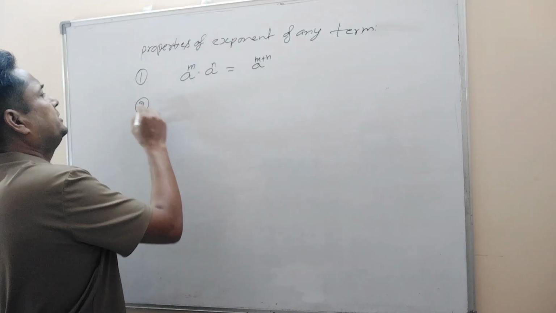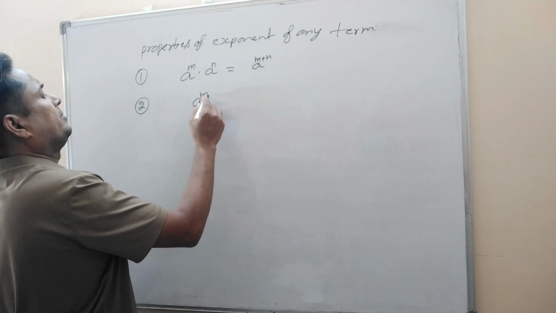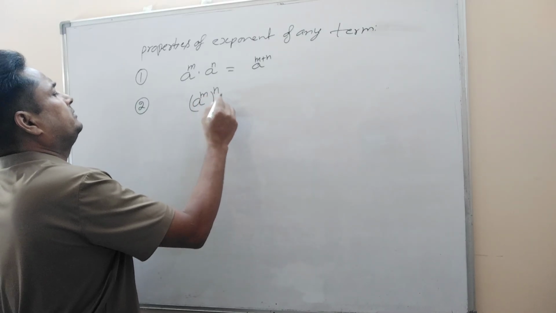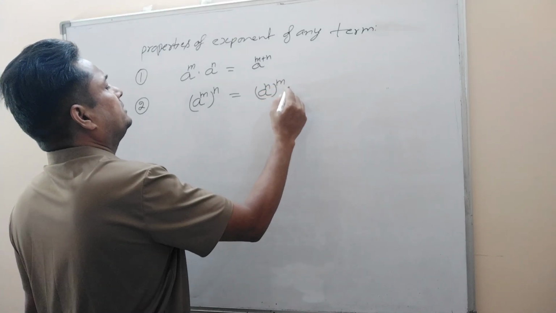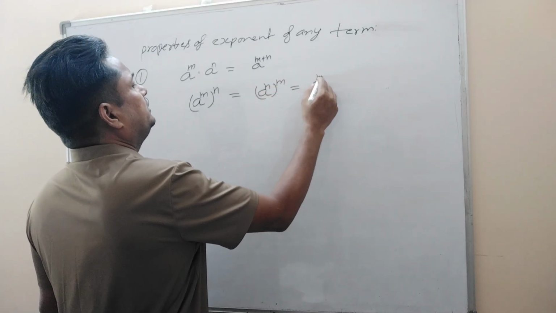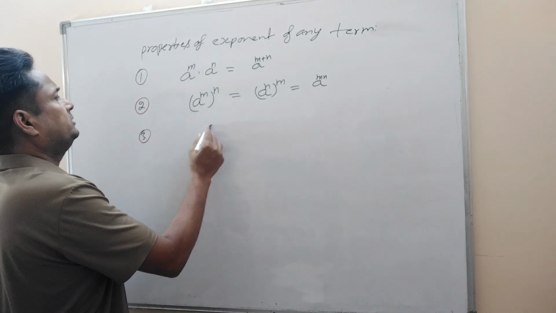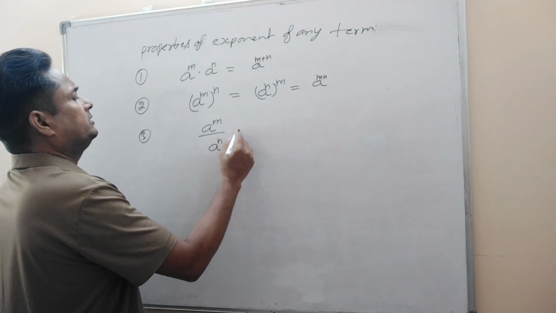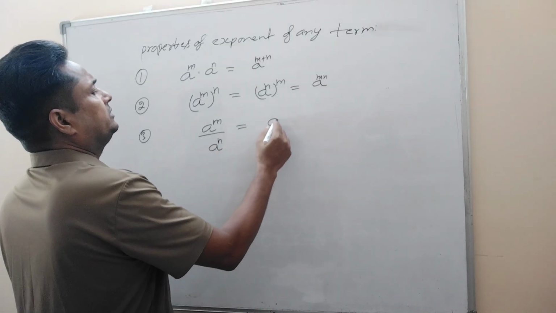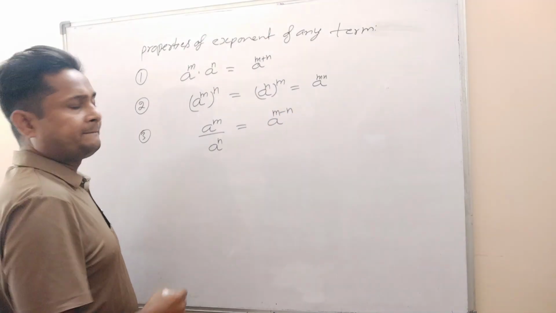Now the second property is a to the power m to the power n can be written as a to the power n to the power m, which is equal to a to the power mn. The third property is a to the power m by a to the power n can be written as a to the power m minus n.